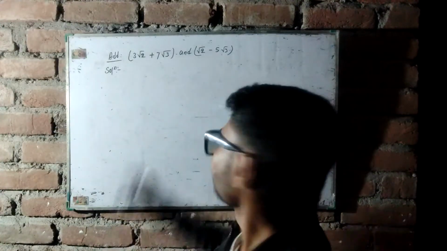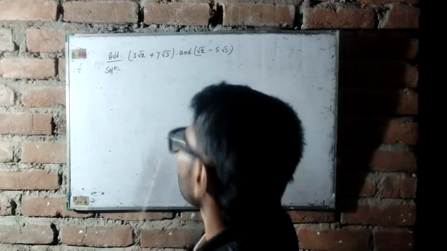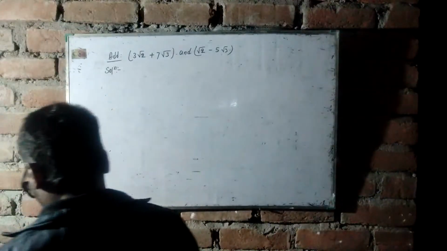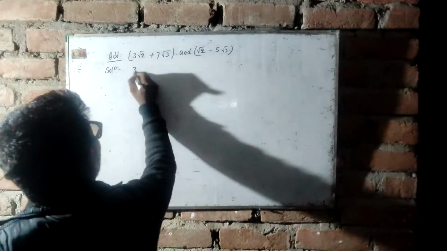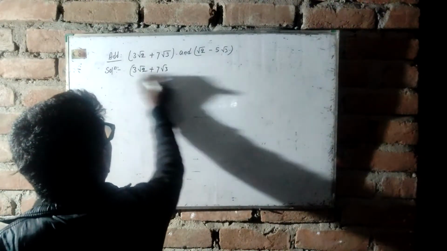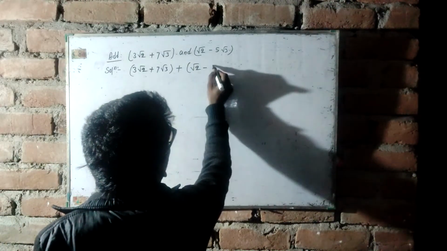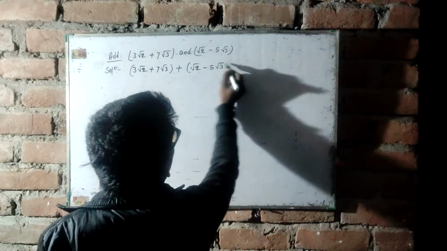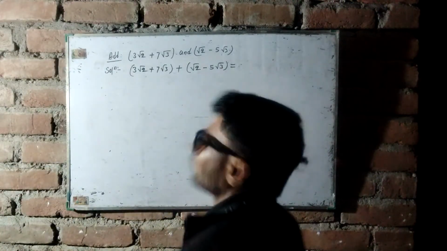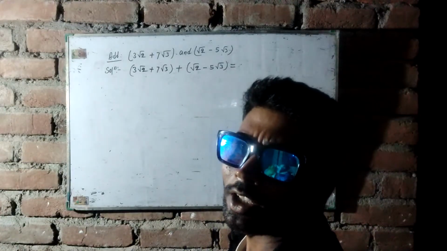Now we have to add this and this. So we can write 3 under root 2 plus 7 under root 3 plus under root 2 minus 5 under root 3 is equal to, now like terms add with like terms.